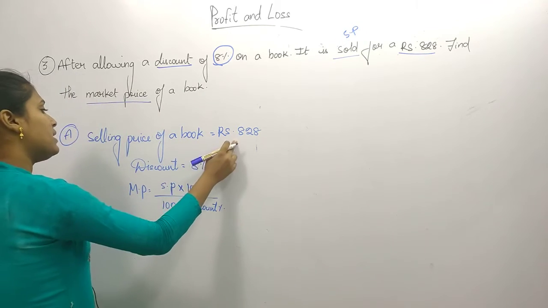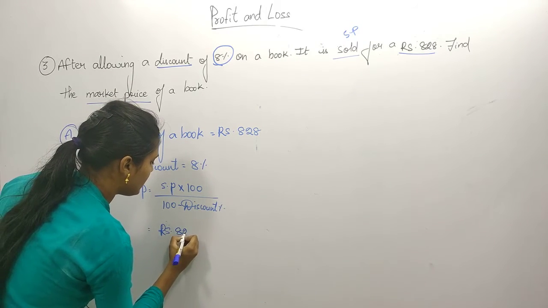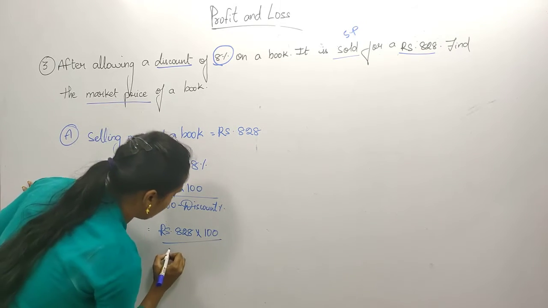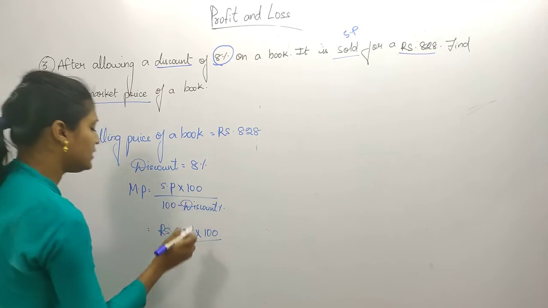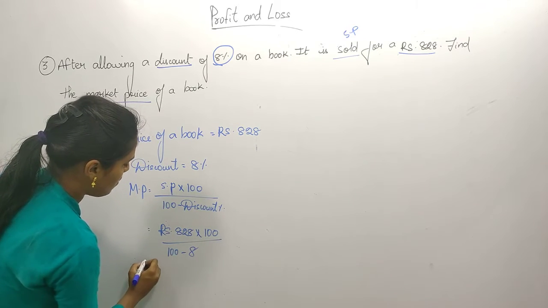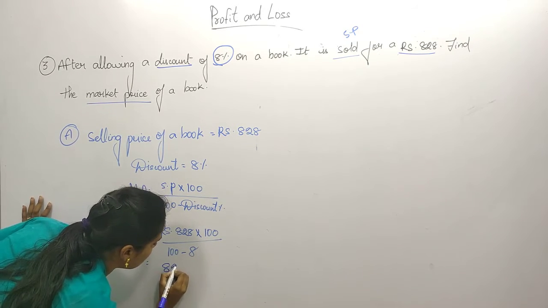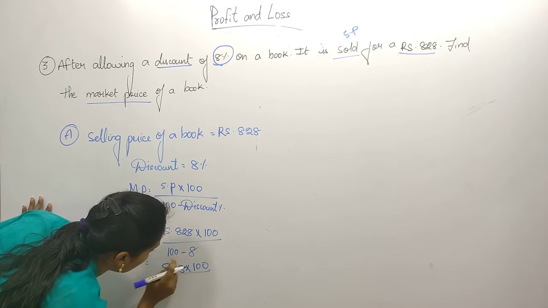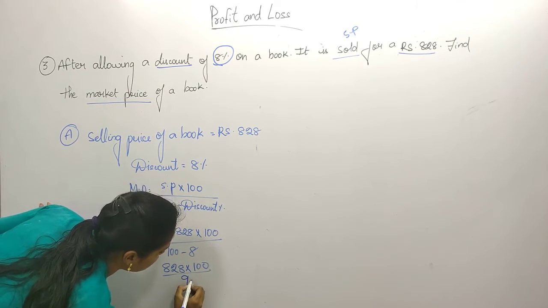Selling price, how much is given here? 828 rupees. 828 into 100 by 100 minus discount percent, which is 8. 100 minus 8. After solving this, what answer will we get? 828 by 100 minus 8, which is 92.